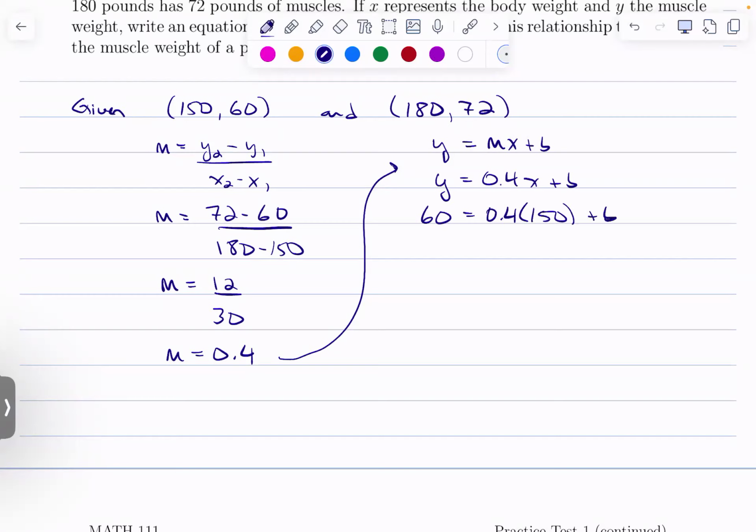Now, 0.4 times 150 is 60, and so b is 0. Which means that y is 0.4 times x plus 0. That's optional. You don't have to write the plus 0.